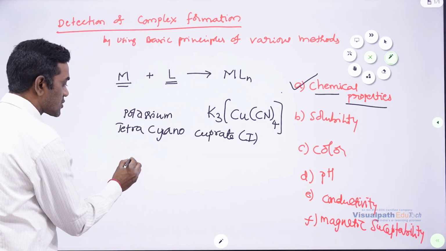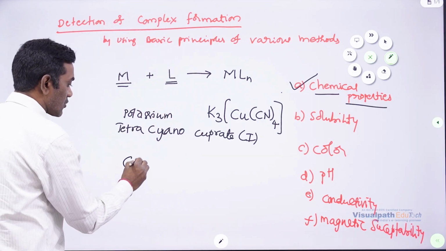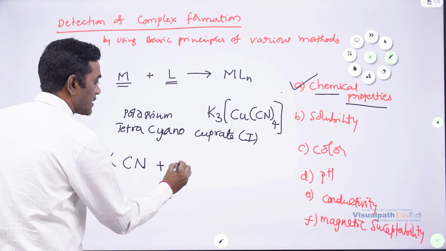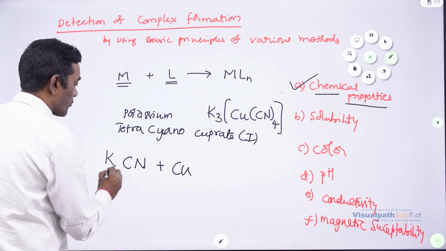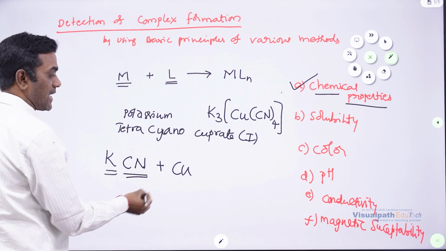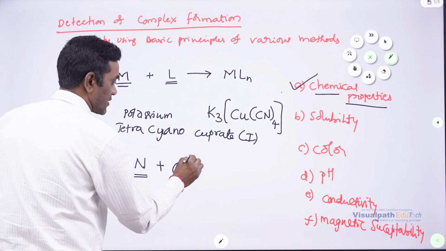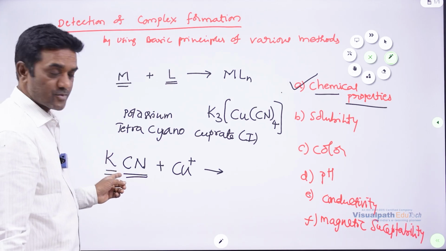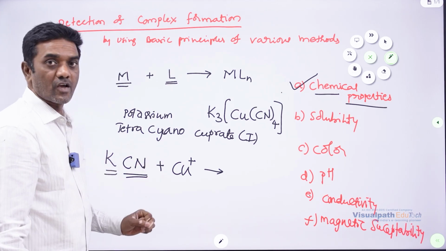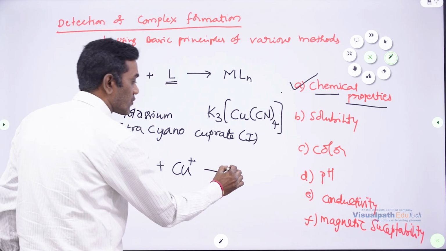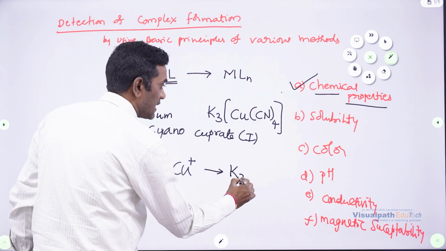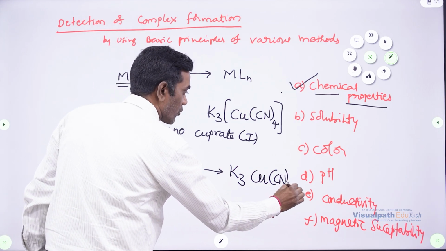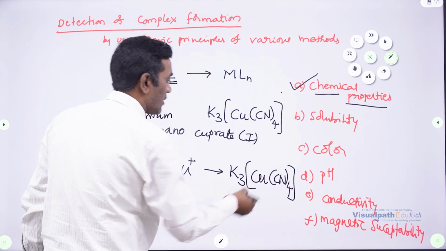First one, this is going to be copper cyanide. Potassium cyanide is going to react with copper ions, which are going to form K3[Cu(CN)4], this complex.